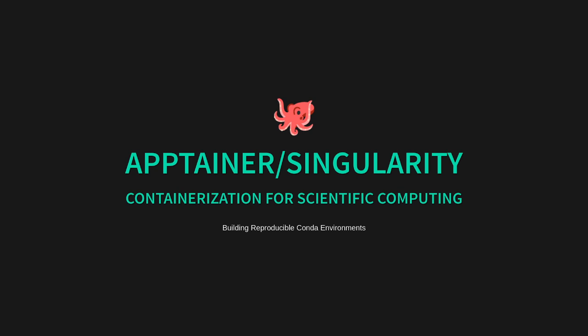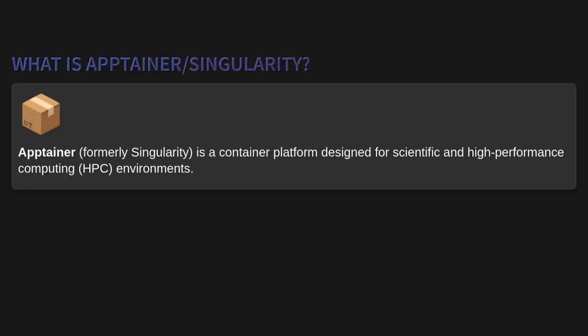And in this video, we will talk about Apptainer and Singularity in more detail. So what is Apptainer? Apptainer, which maybe you know by its former name Singularity, is basically a container platform built specifically for scientific and high performance computing.